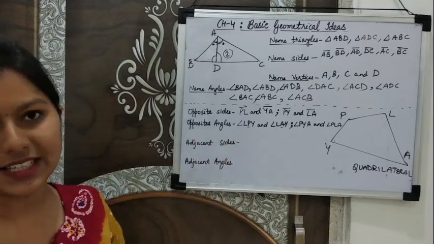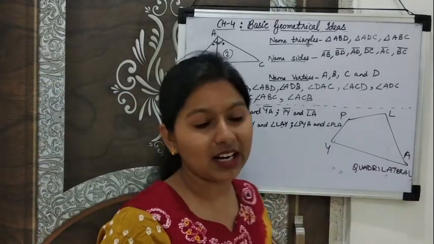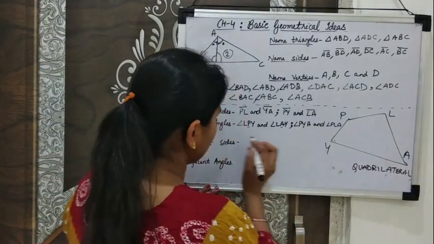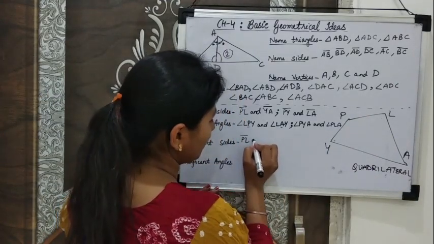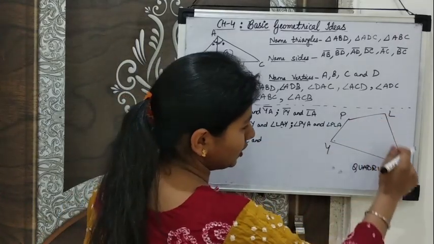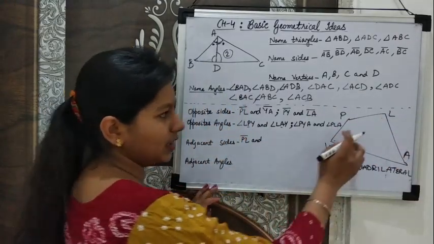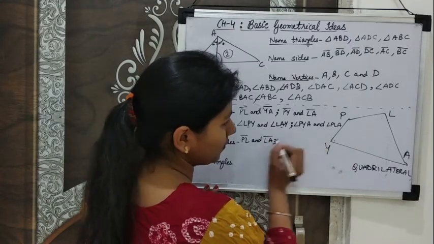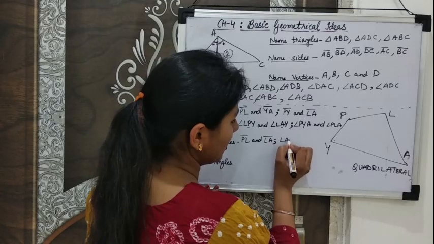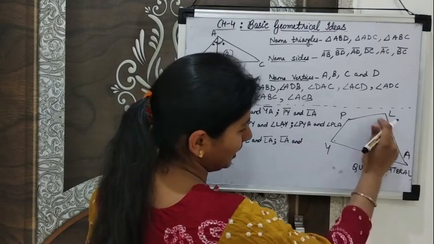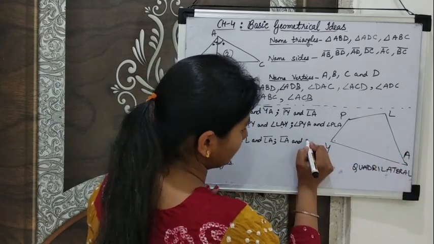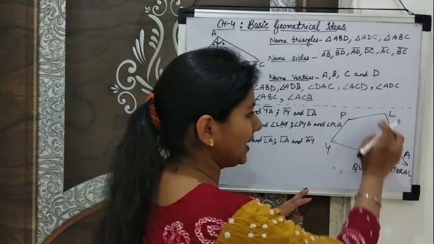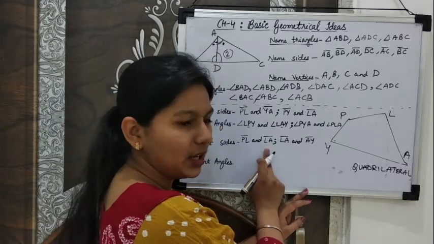Now if we talk about adjacent sides, we have discussed that a quadrilateral has 4 pairs of adjacent sides. If we look at PL, PL is adjacent to LA. We start writing from one side. PL is adjacent to what? LA. This is one pair. LA is connected to what? AY. If you start from one side, nothing will be missed. LA was connected to this one too, but we have already mentioned that.